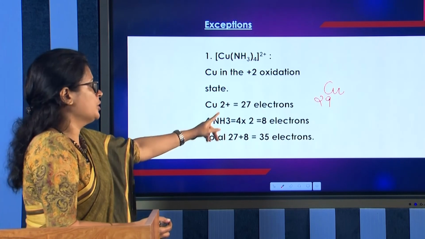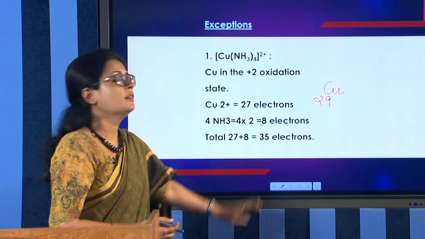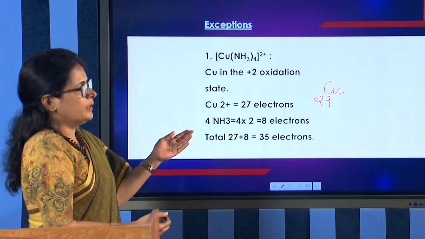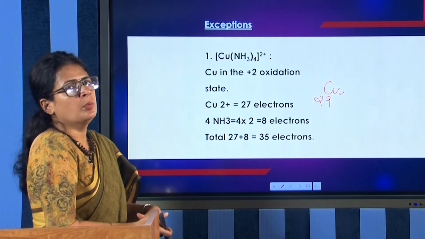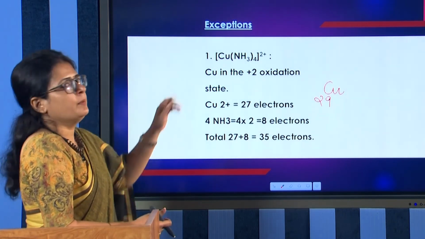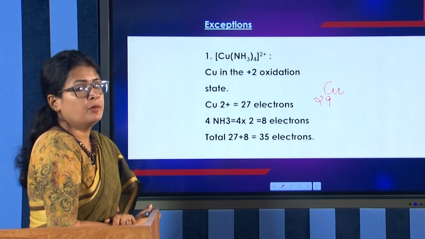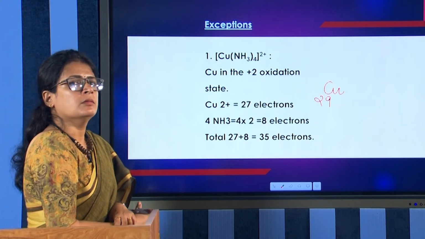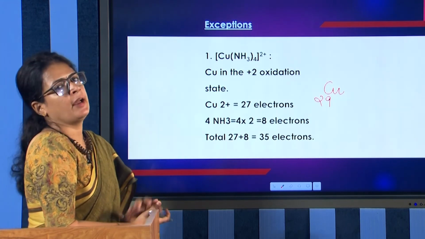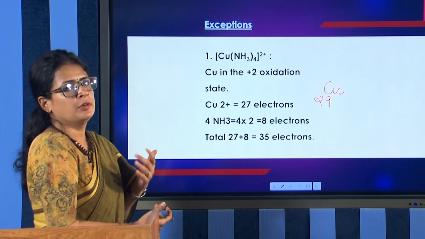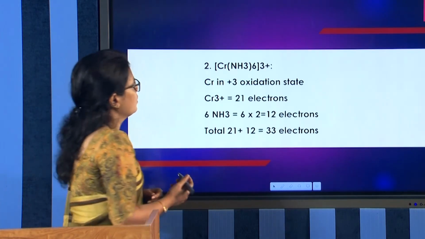So 27 plus 8 is 35 electrons. You know that 36 is the noble gas configuration, but 35 is not, and still the complex is very stable. So it is an example of an exception to the EAN rule. Although the complex is very stable, it does not have the effective atomic number of a noble gas.